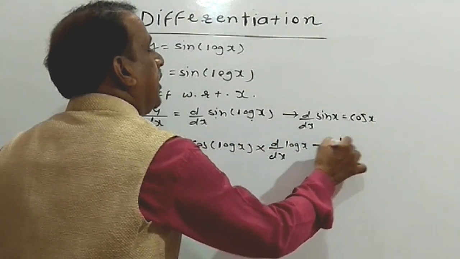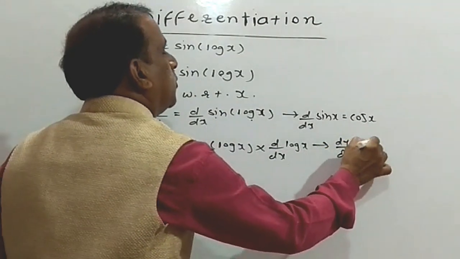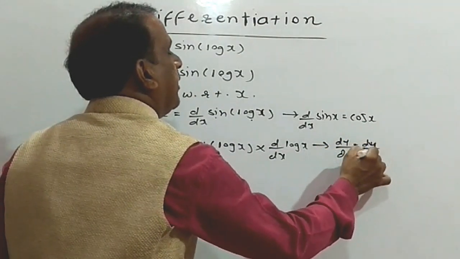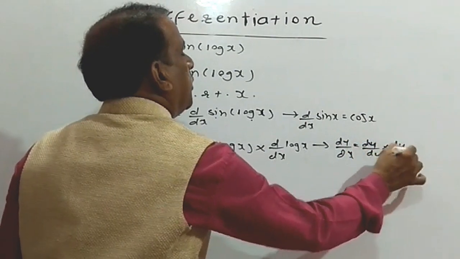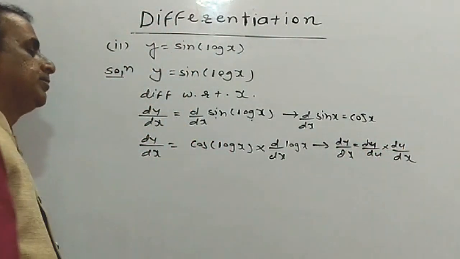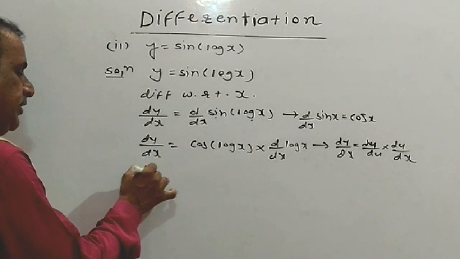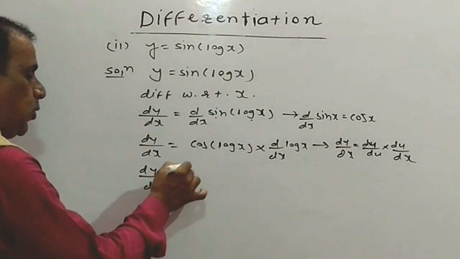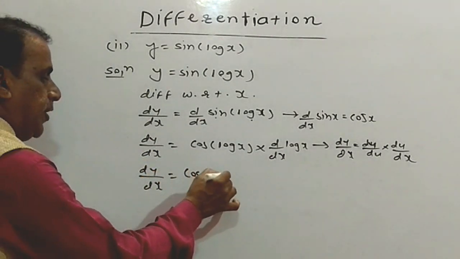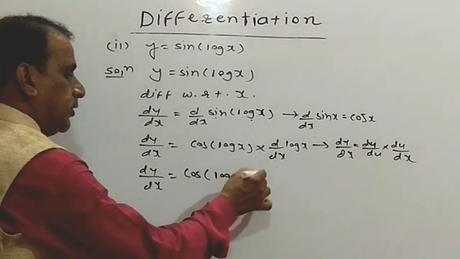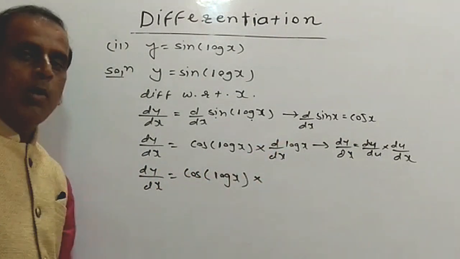Apply theorem: dy divided by dx is equal to dy divided by du into du divided by dx. Means dy divided by dx is equal to cos of log of x into derivative of log of x.